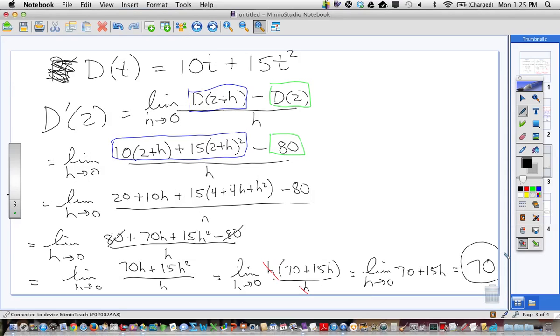Point and a slope. Well, you really only need 1 point if you have the slope. If you have 2 points, you get the slope, but you need a point and a slope. Well, they give you the point (2, 80). Now, what's the slope of that function at 2? We just did. So you don't have to redo it. So for number 6, you can just use what we just did, the 70, along with the point they give you to write the equation of the tangent line. So that's easy.